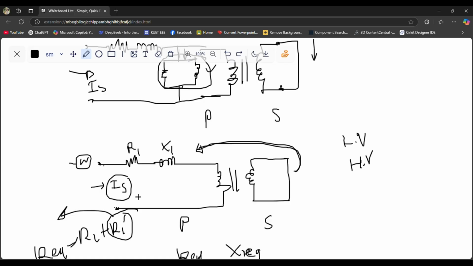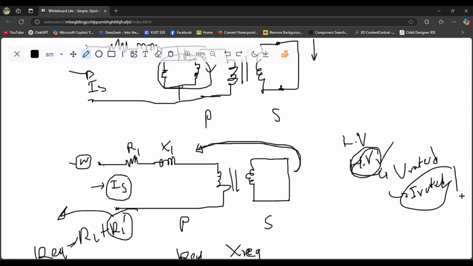To get this rated supply current, it is easier to get it from the high voltage side, because the rated current on the high voltage side is low compared to the other side. Our target is to get the rated value, and on the high voltage side it is easy to get the rated supply current. So the primary side should be the high voltage side and the secondary side should be the low voltage side.